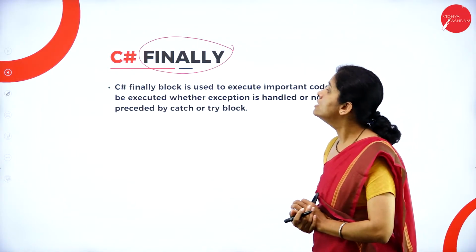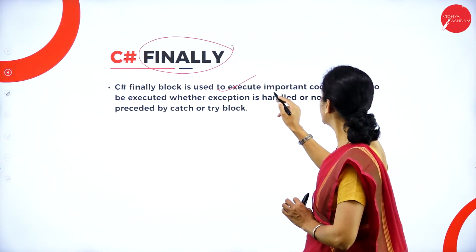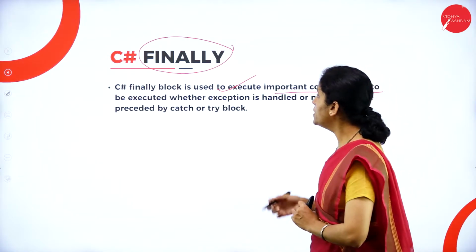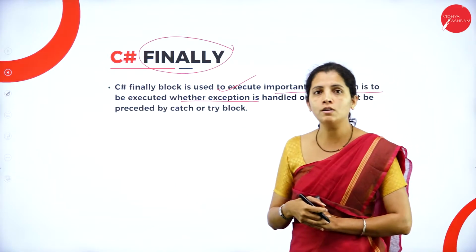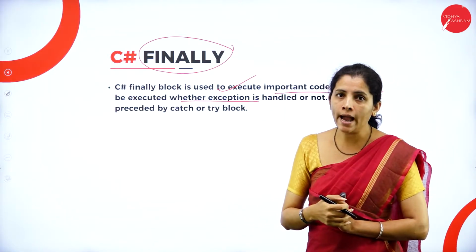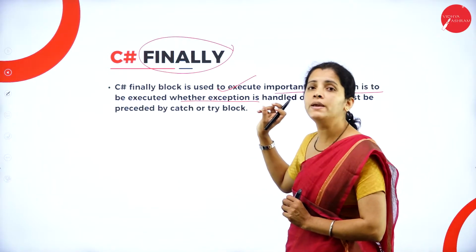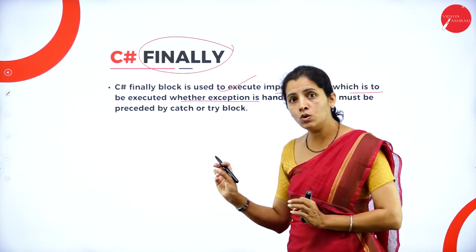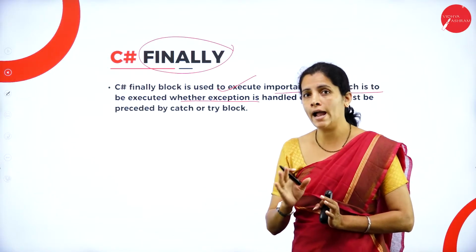So here, the C# finally block is to execute important code which is to be executed whether the exception is handled or not. That means whatever code I write inside the finally block must be executed in C# programming, even though the exception is handled or not handled.